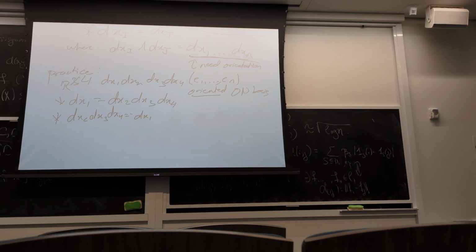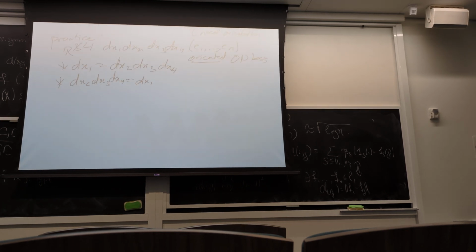So in general, the formula is that if you take star of something, and this is a k-form, then this is going to be (-1)^(k(n-k)) times omega. Why is this?